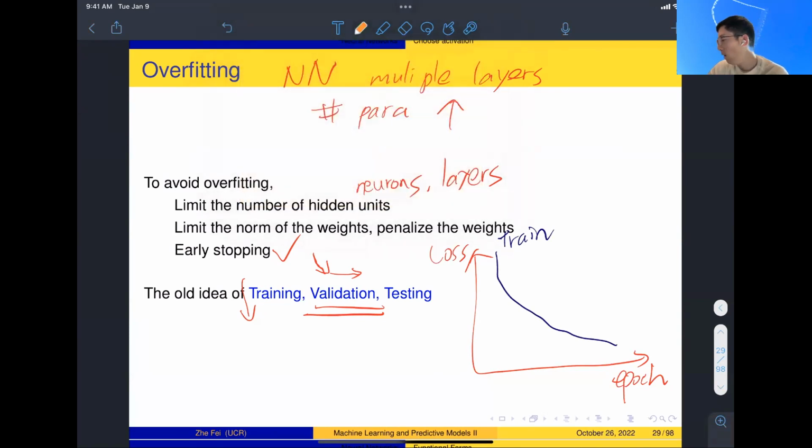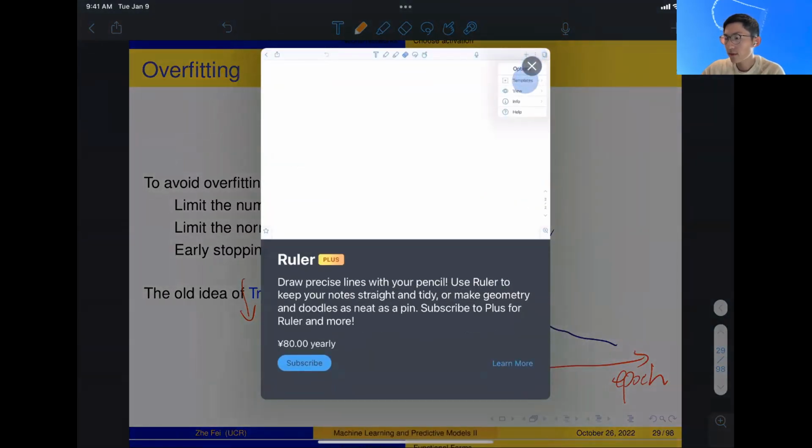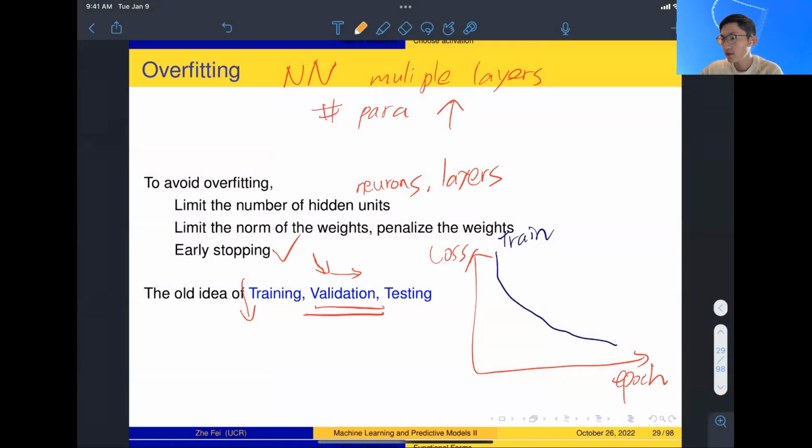However, regarding the validation loss, it may decrease with your training loss at first, but it will come to a flat after certain epochs. So that's your validation loss. If we observe this kind of performance, that means we should make the early stop at this point. Further training does not improve your performance on validation, and anything beyond that is overfitting.